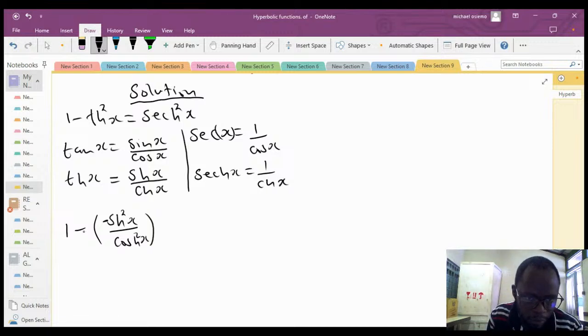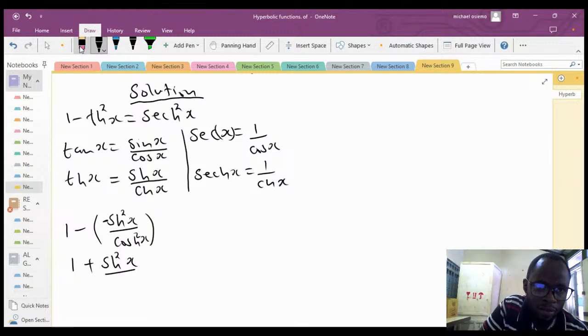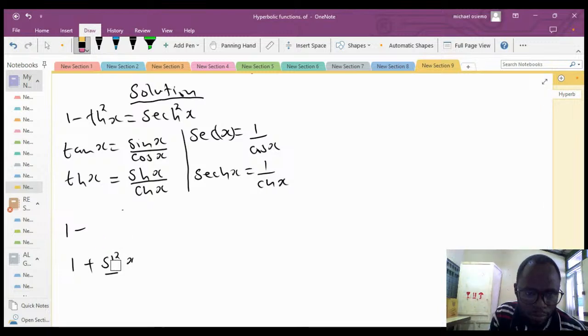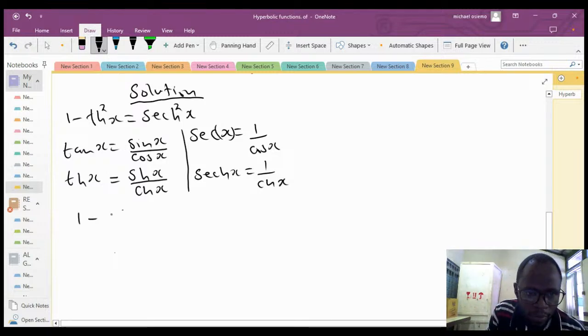Now, what is the LCM? If you open up this bracket, you're going to have 1 plus sine hyperbolic squared of x over, no, it's not. This negative should not be there. Let me erase this one, because we are substituting from this function. So we're going to have 1 minus the sine hyperbolic squared of x over cos hyperbolic squared of x.